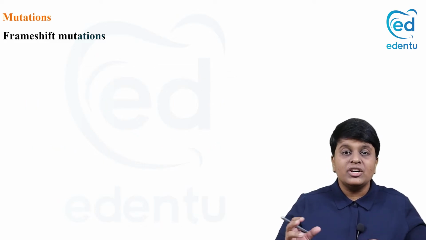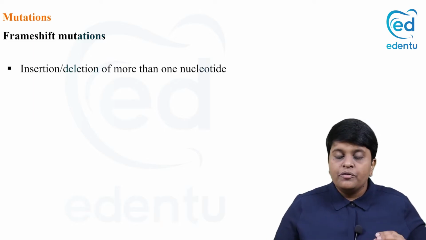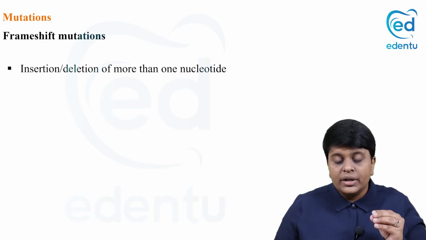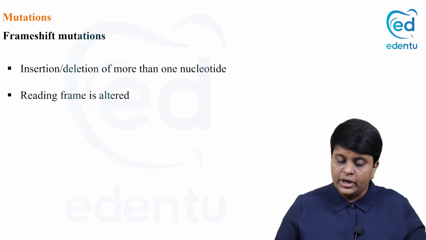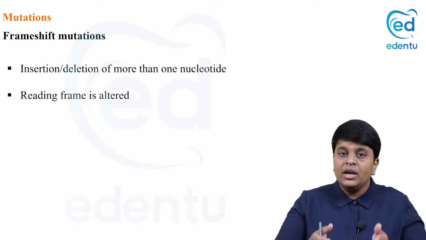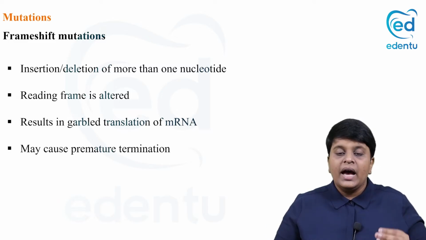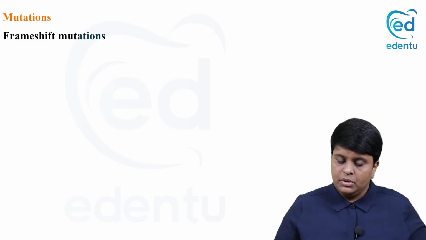Now coming to the last two sets of mutations, which are frame shift and suppressor mutation. Any insertion or deletion of more than one nucleotide will lead to a frame shift. That is, the reading frame in which the mRNA will be read by the ribosome gets shifted. This results in a garbled appearance of the mRNA, and that may cause premature termination also.